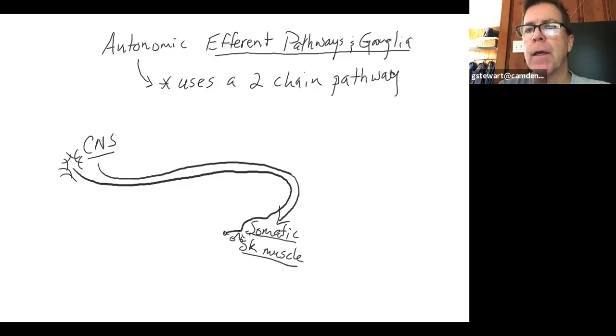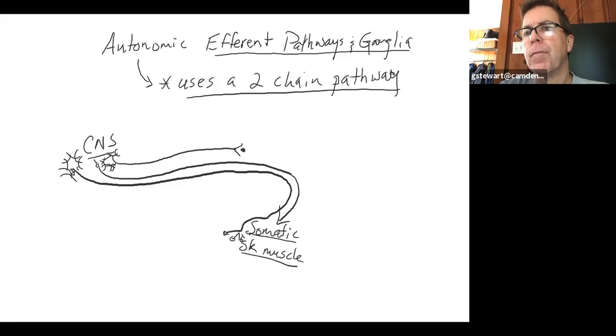The autonomic nervous system uses a two-chain pathway. So the autonomic pathway does this. Typically, the preganglionic fibers, the cell bodies are located in the central nervous system somewhere. And then they go to make a two-chain connection.